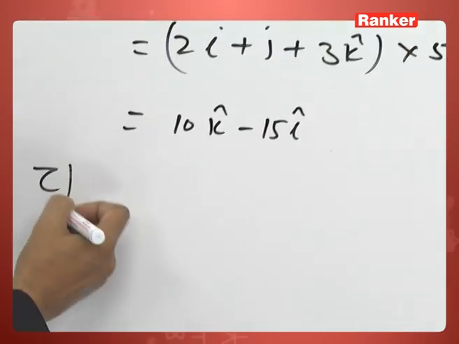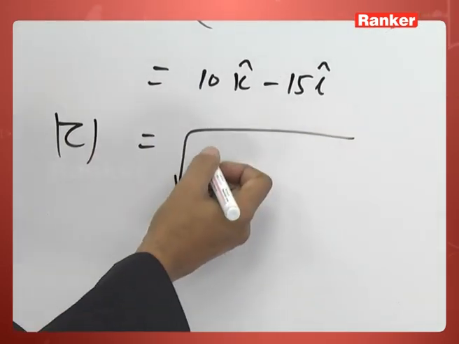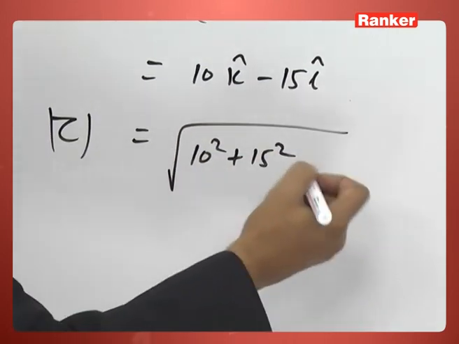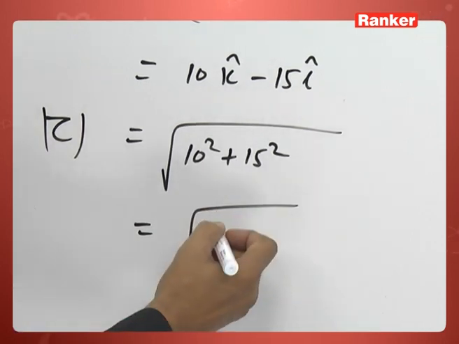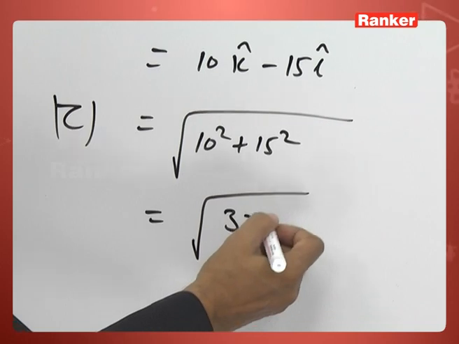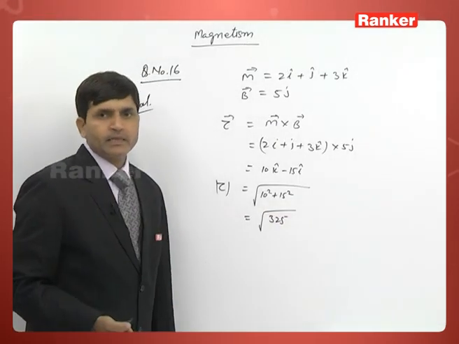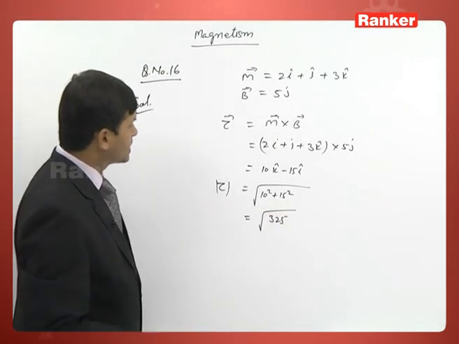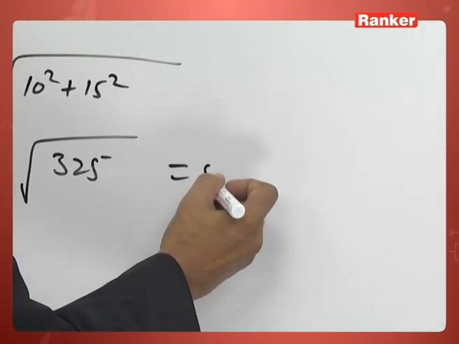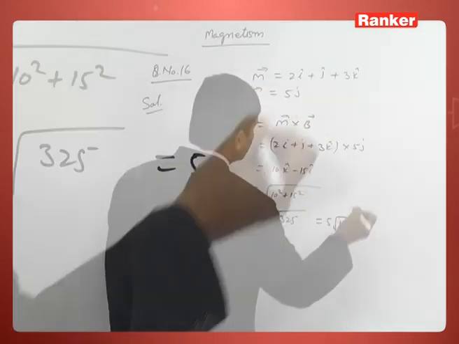So the modulus of torque is root of 10 square plus 15 square, which is 100 plus 225, so 325. This is the magnitude of the cross product, and after simplifying, it will be 5 root 13.